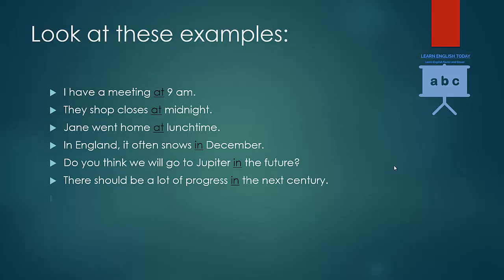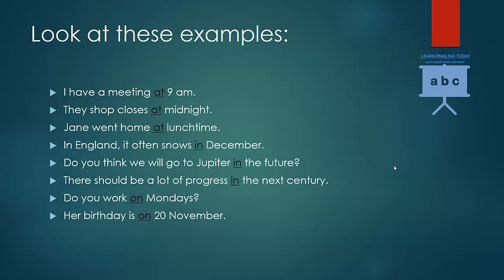The next example, do you work on Mondays? Monday is a day of the week, so we can use what? On Mondays. The next example, her birthday is on 20th of November or 20 November. Here we are mentioning a date, so we can use what? On.